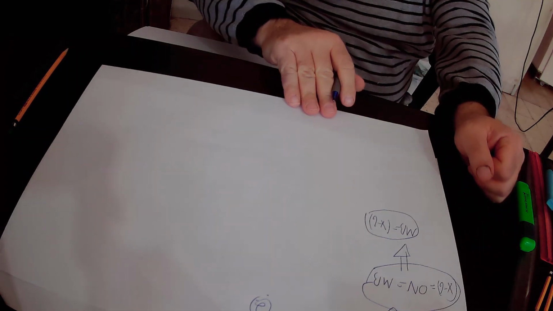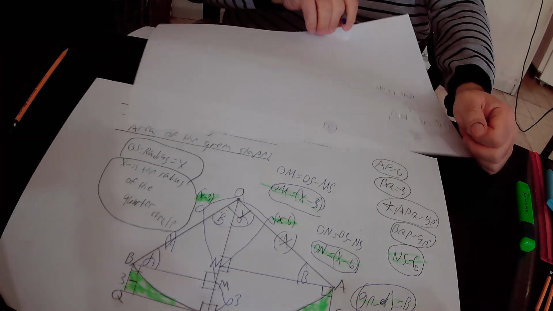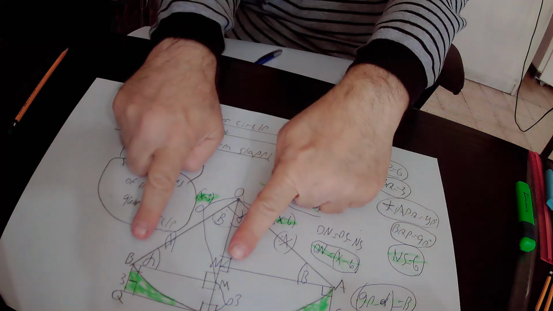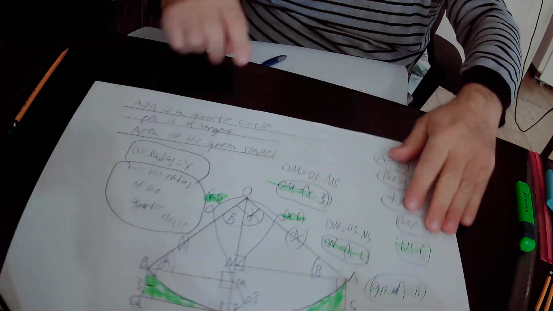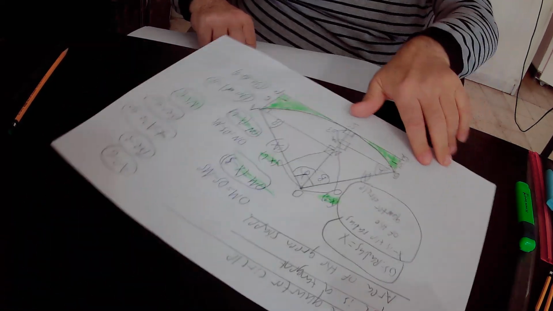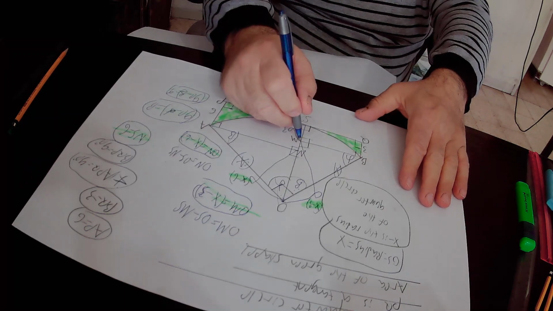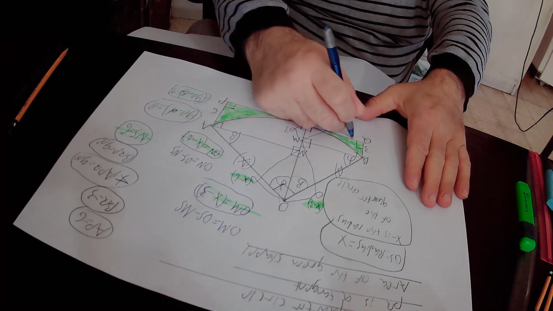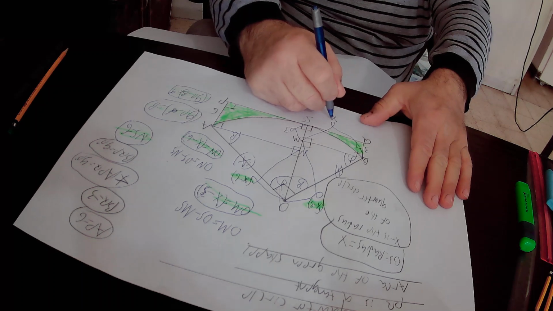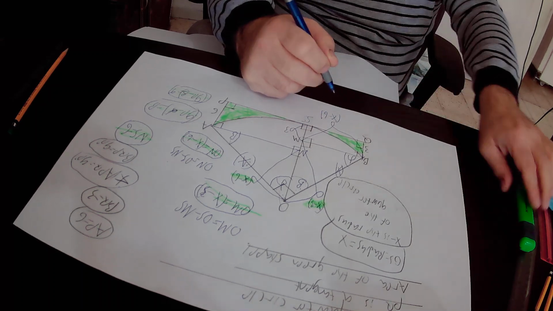So this side MB is x minus 6 units in its length, and I write it down.